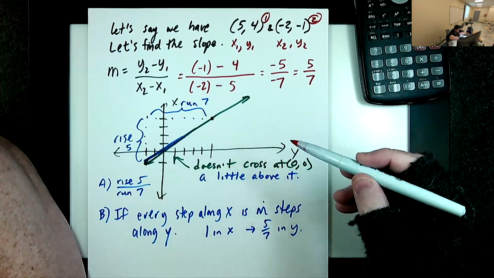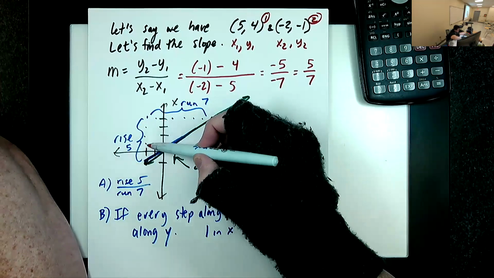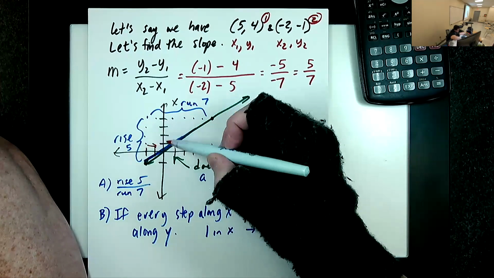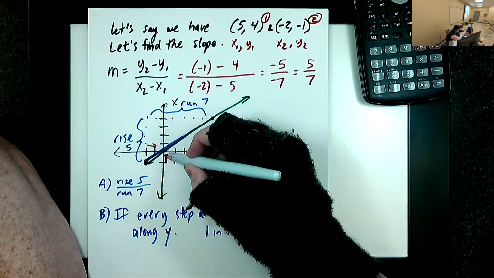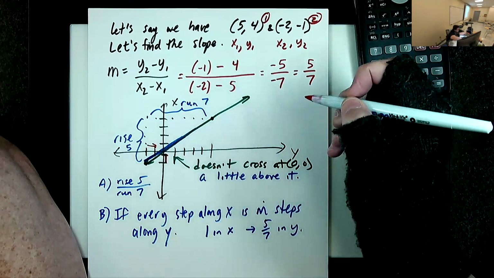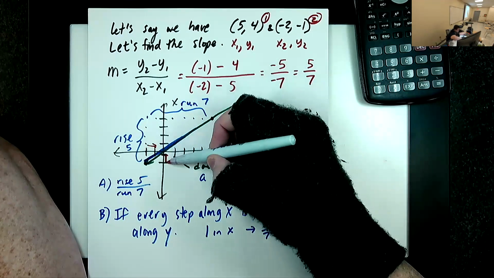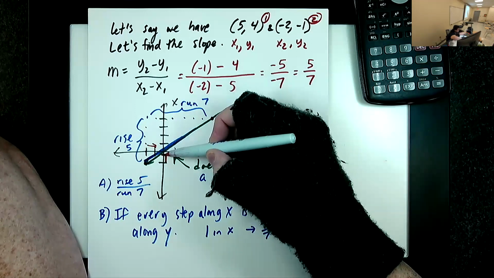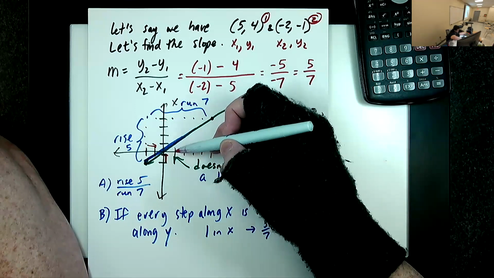And we can sort of see this here. As I go from here to here, this goes from here to about here. It doesn't go up all the way a full step, but it goes up most of one.